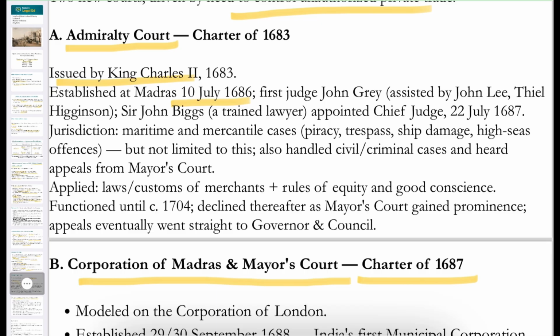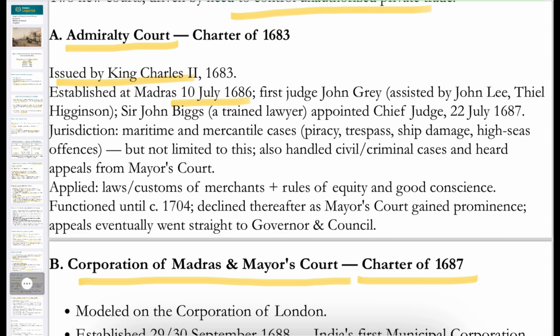The purpose was to try maritime and mercantile cases: piracy, trespass at sea, damage to ships, and disputes arising during the long sea voyages between England and India. This court applied the laws and customs of merchants along with rules of equity and good conscience.